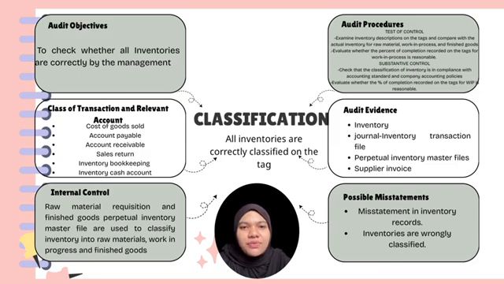These are important for getting it right from the start. In our audit, we will check inventory tags, compare them to what is actually there, and make sure the classification follows accounting rules. We also look at suppliers' invoices and other records as proof. The biggest risks here are inventory being misstated or simply put in the wrong category. This can mess up the financial picture.